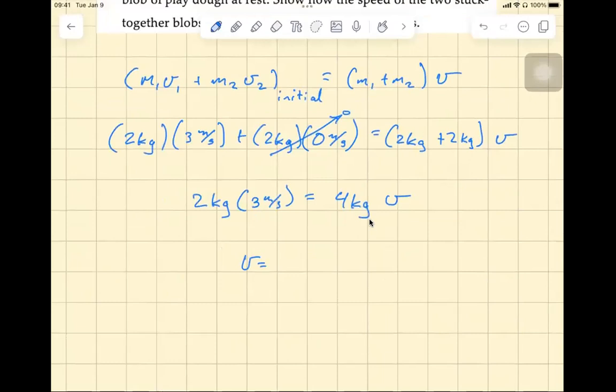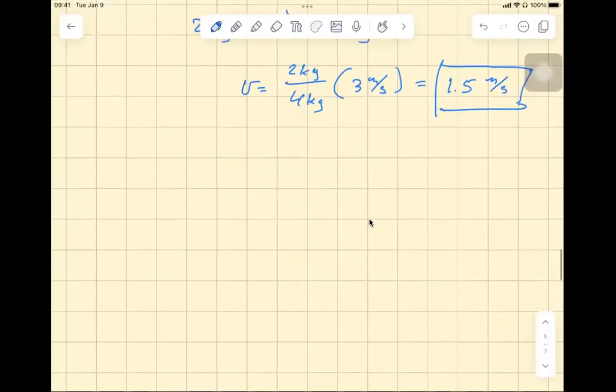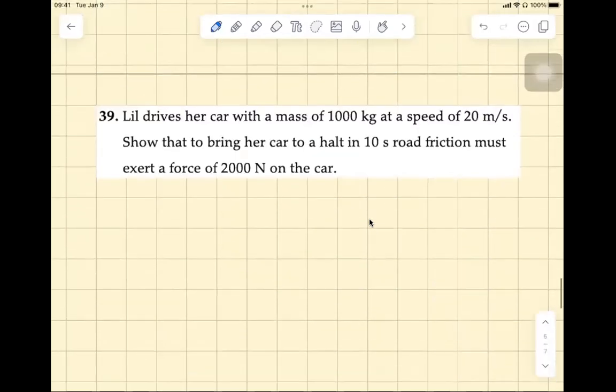So this is 2 kilograms divided by 4 kilograms times 3 meters per second. Well, that's 1/2. 2 over 4 is 1/2. And so 1/2 of 3 is 1.5 meters per second. And there's our answer. That's how we got it. Okay?